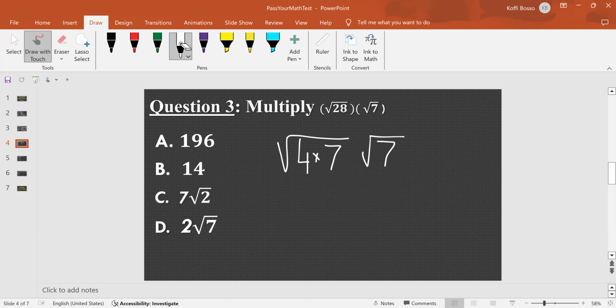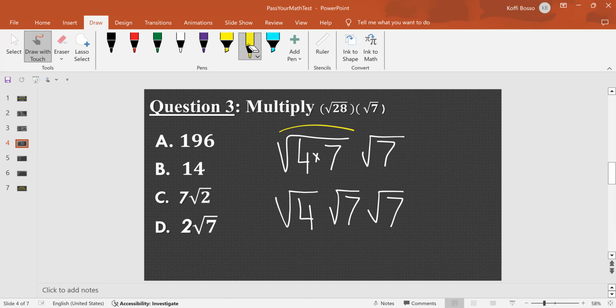So this tells you that you have square root of 4 multiplied by square root of 7 multiplied by square root of 7. We can write square root of 4 times 7 as square root of 4 multiplied by square root of 7, and now we multiply by the other square root of 7.